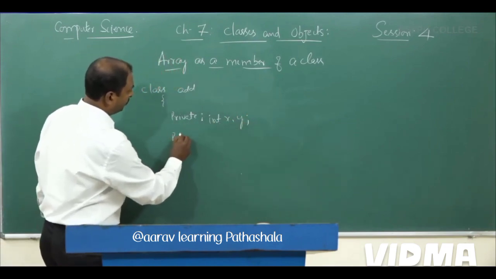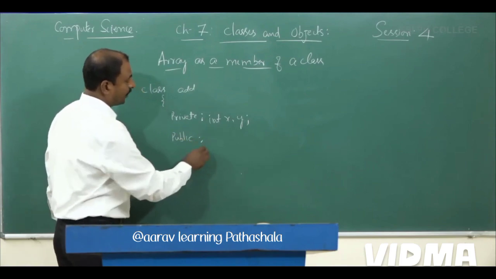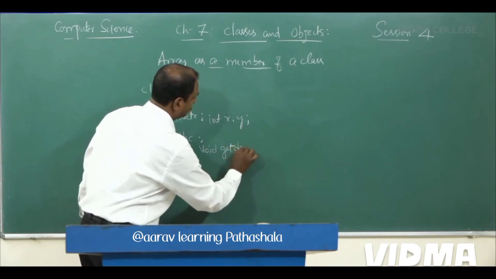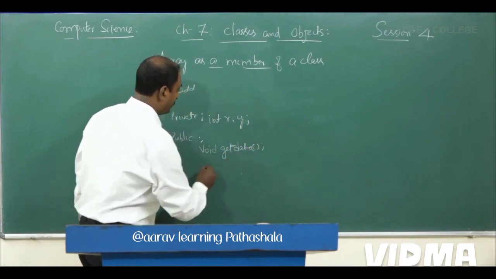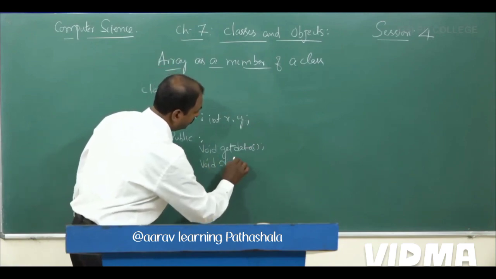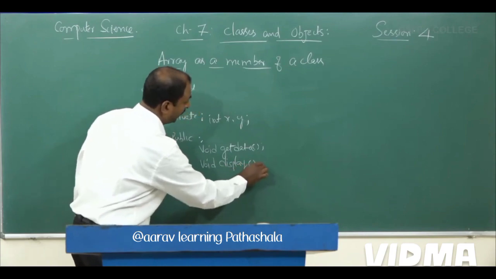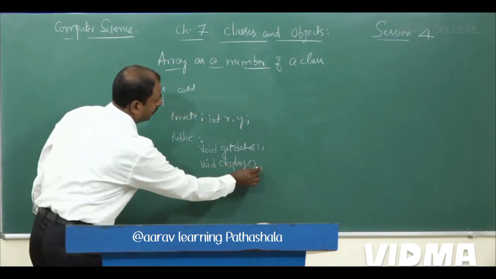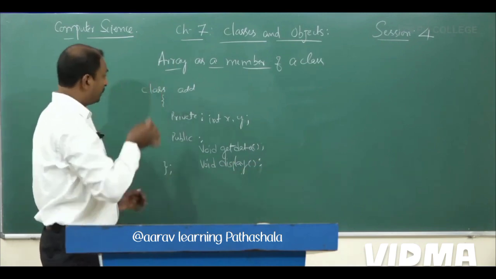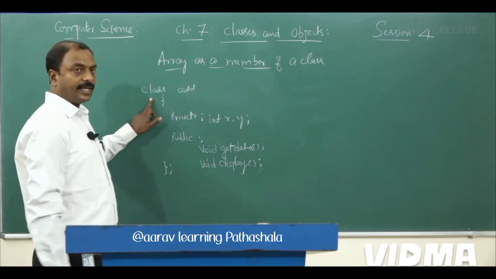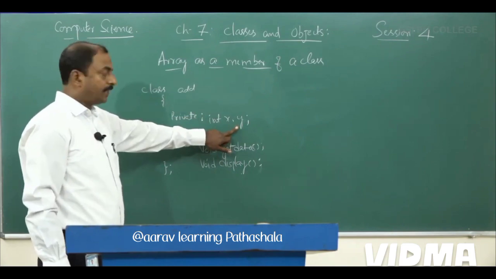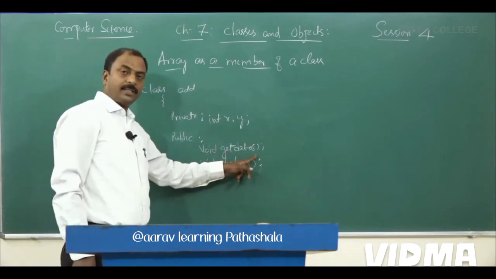And under public, void get data, one function, and one more function, void display. And we are closing the class here with a semicolon. This is a class. The class name is add, these are data members, and these are member methods or functions.